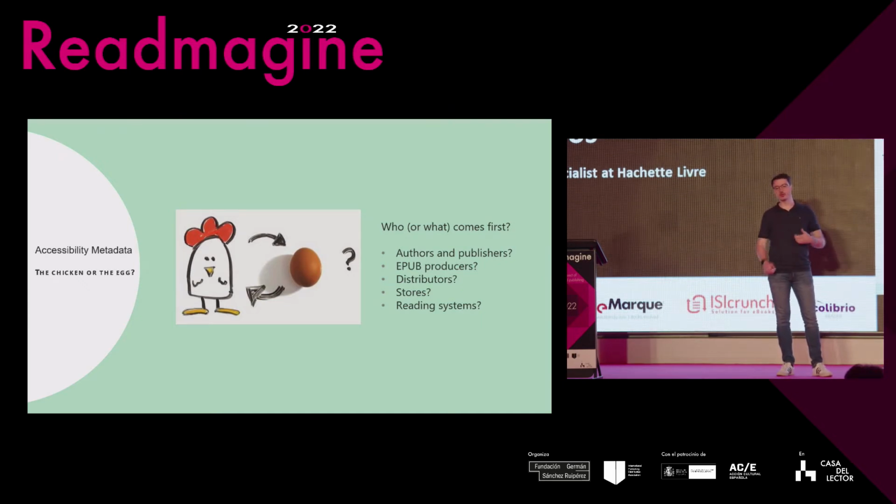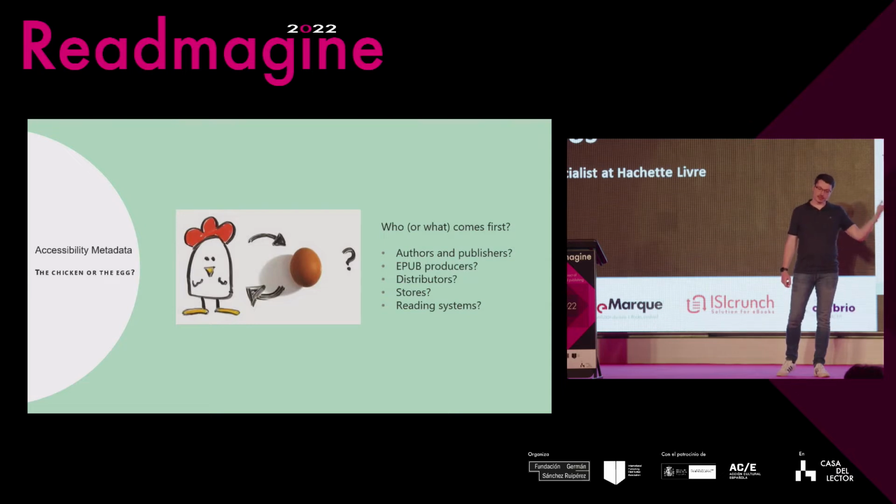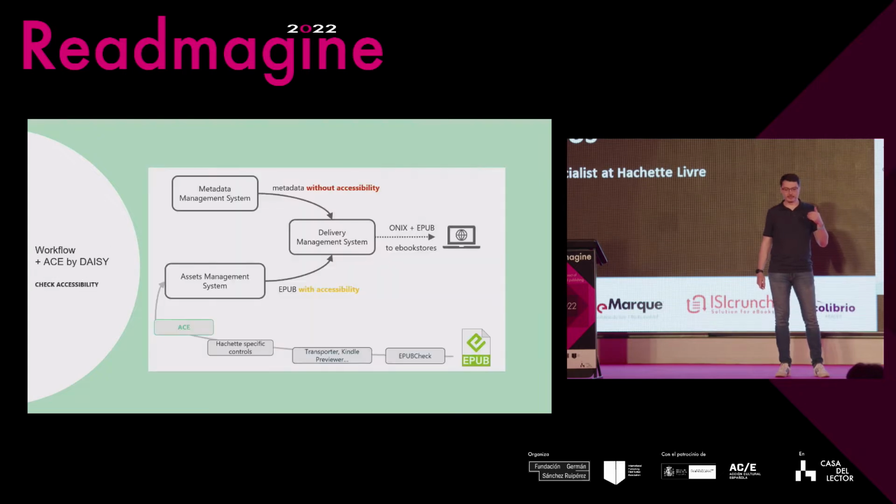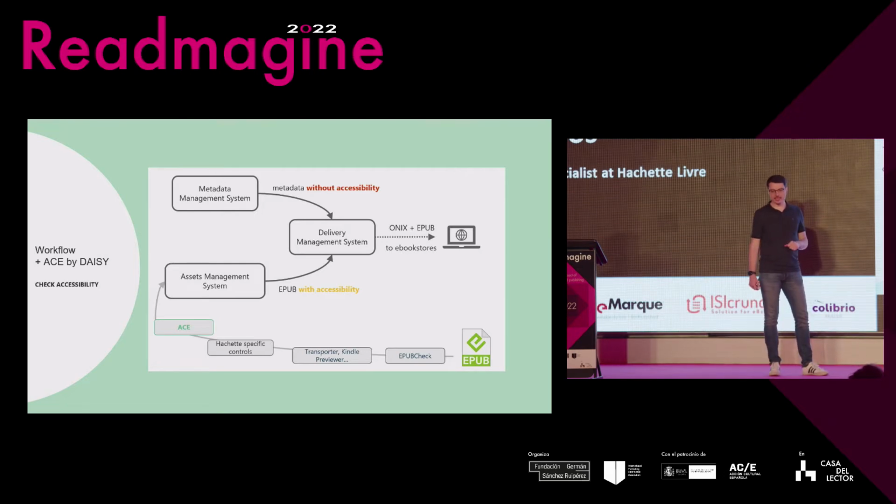Do it now. And we decided to be as accessible as possible, so years ago, and we still want to do that today. And the first step we did is to add ACE, the tool made by Daisy, to check a certain level of accessibility inside EPUBs.